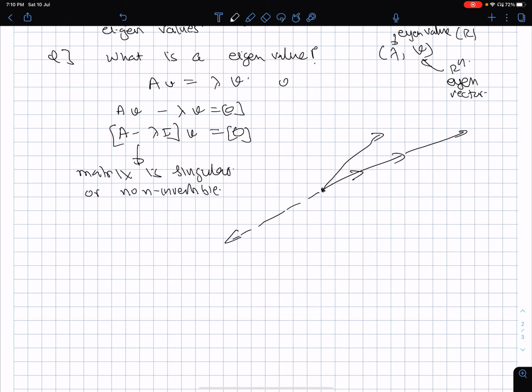One thing which I should have mentioned very clearly is that eigenvectors are non-zero vectors. When you multiply the matrix with a non-zero vector and it gets mapped to 0, it means that the matrix is singular, no more invertible.